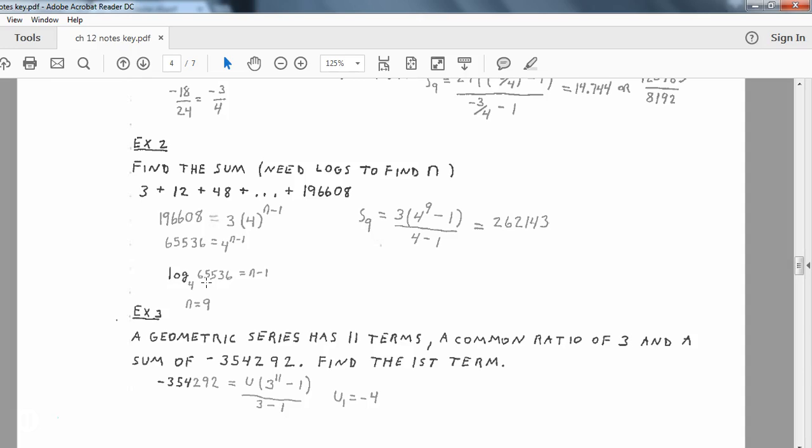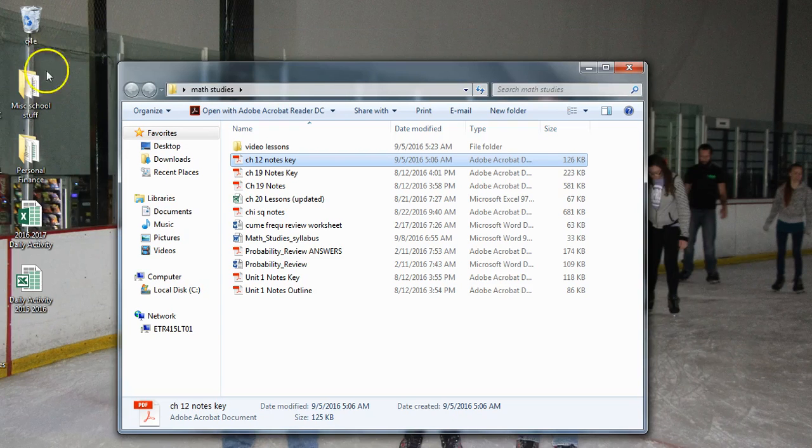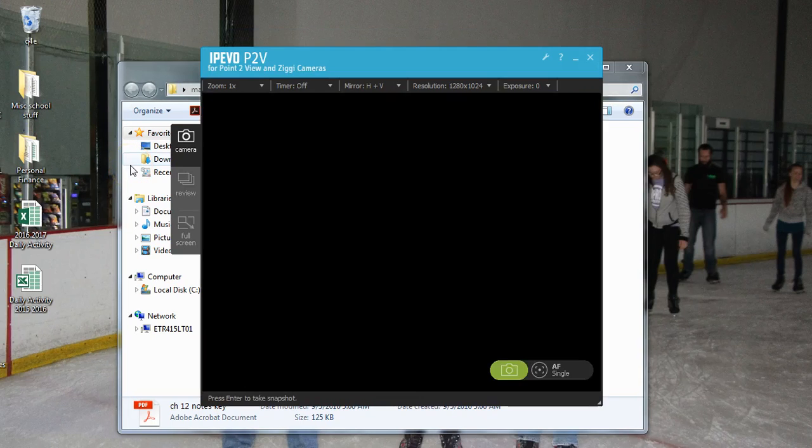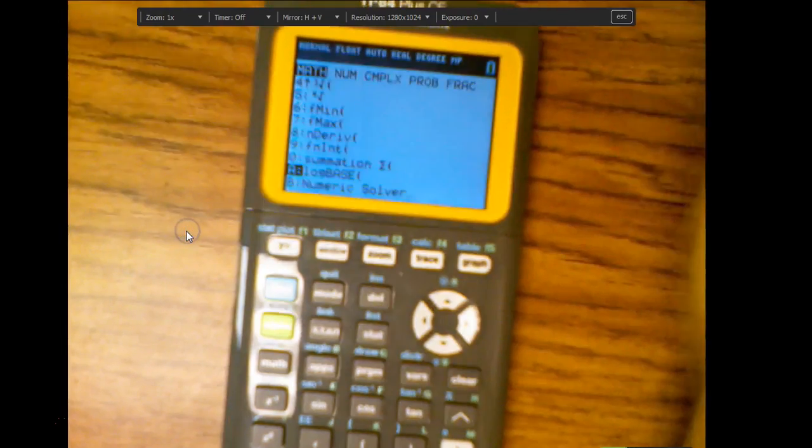This is the one where you're going to go under math and you're going to choose option A, which says log base, and we're going to sub in the information for that. So we got a base of 4, and then 65,536.